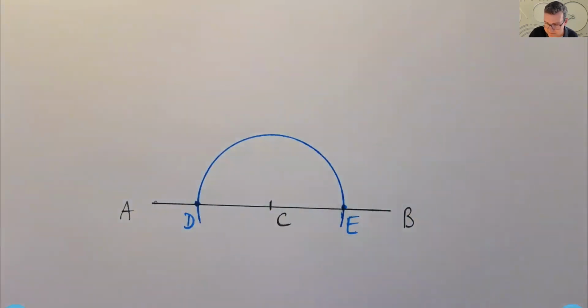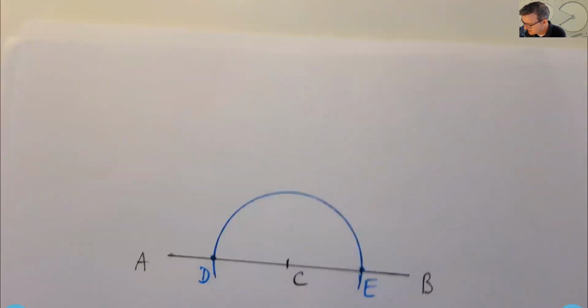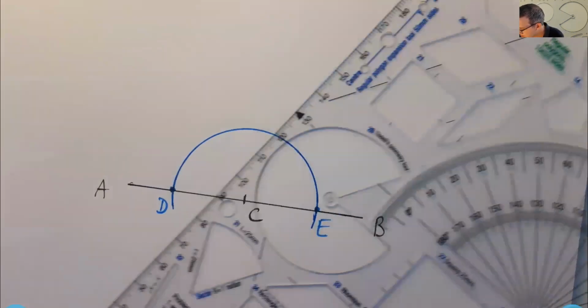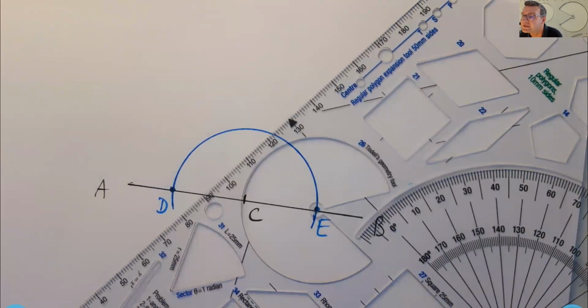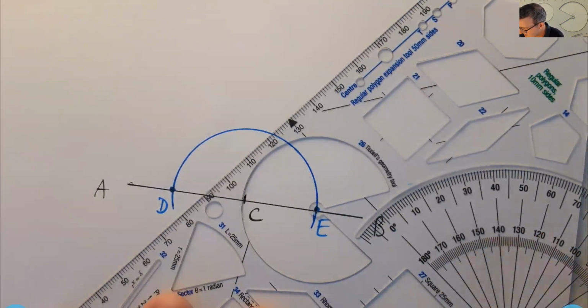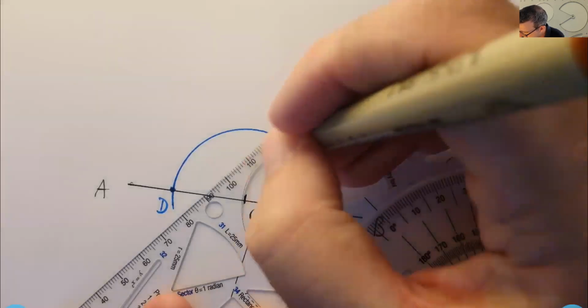So let me grab brown. Okay, so how do I produce an equilateral triangle? Well, we just follow the steps that we looked at in the previous video. So what I'm going to do is I'm not going to draw a full arc here.